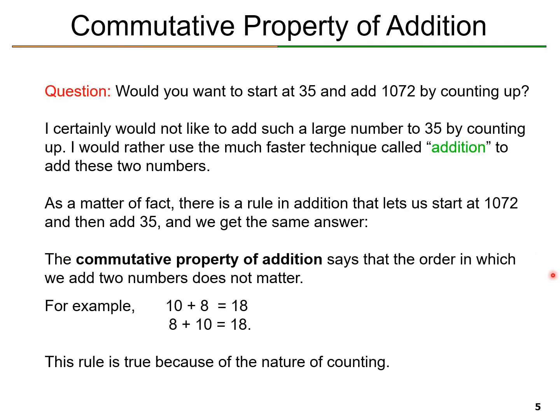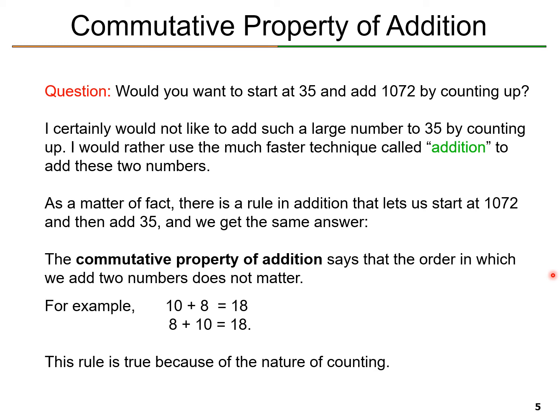Now let's look at the commutative property of addition. Question: would you want to start at 35 and add 1072 by counting up? I certainly would not like to add such a large number to 35 by counting up. I would rather use the much faster technique called addition to add these two numbers.